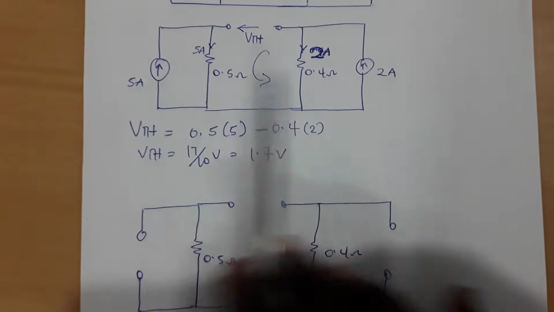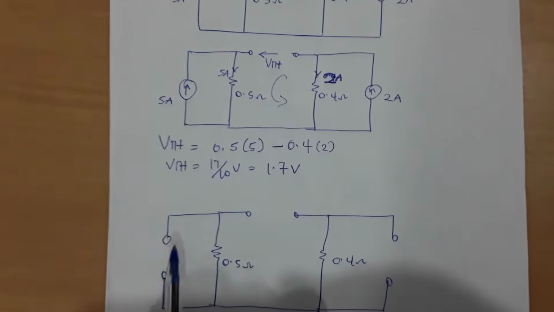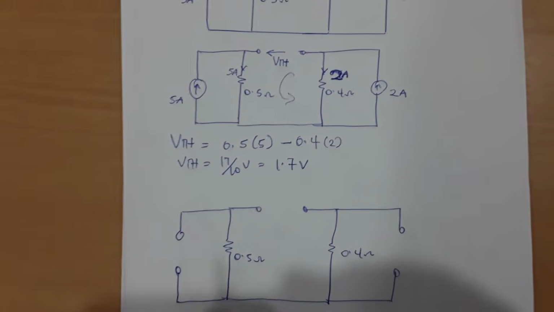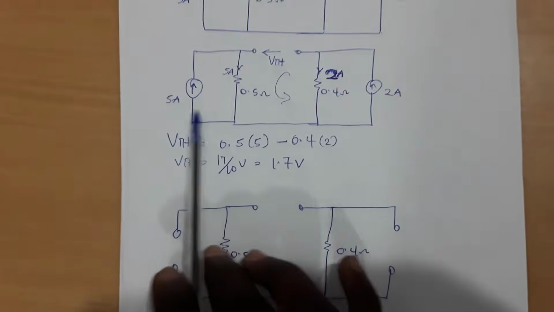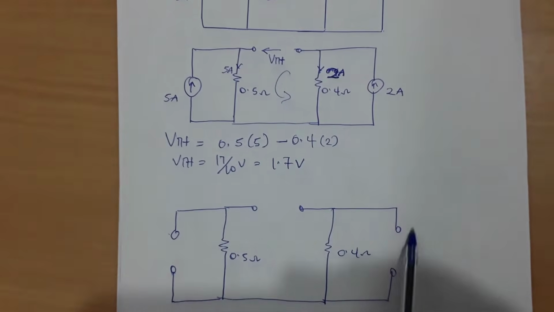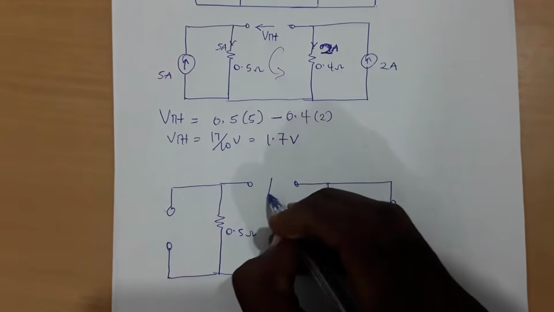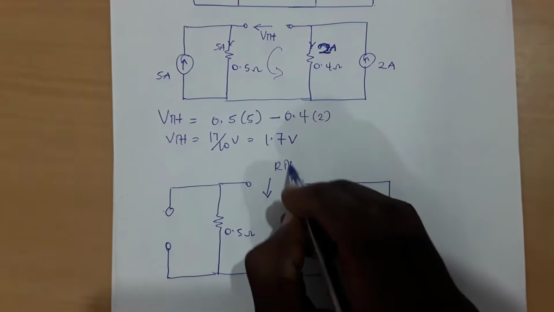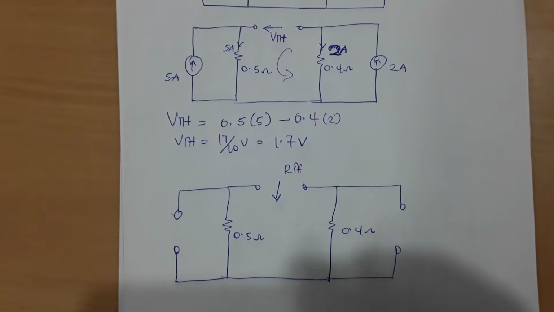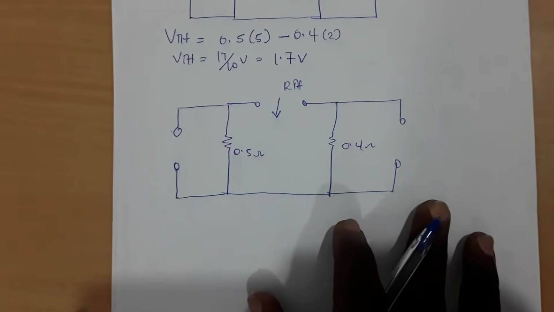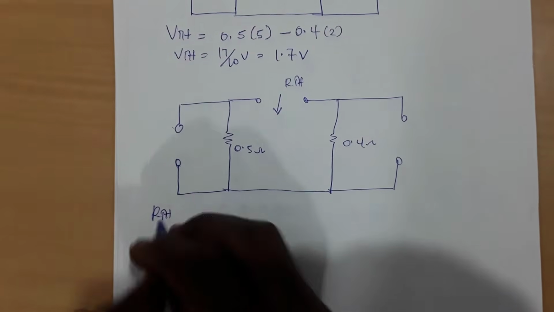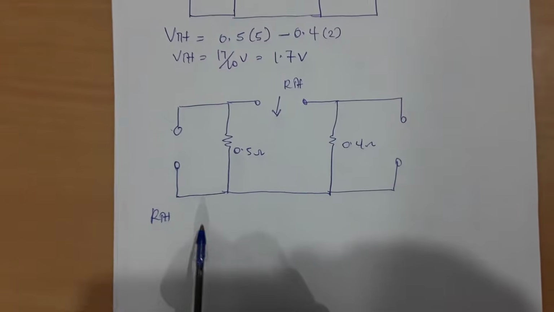If this was a voltage source, we would short this place like this, but in this case it's a current source, so we open circuit them, and we will find our RTH looking into this terminal like this. So from this, our RTH should be equal to what?